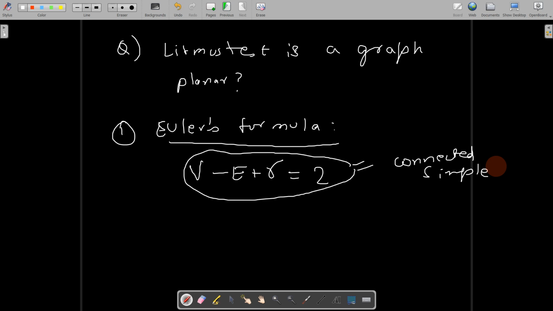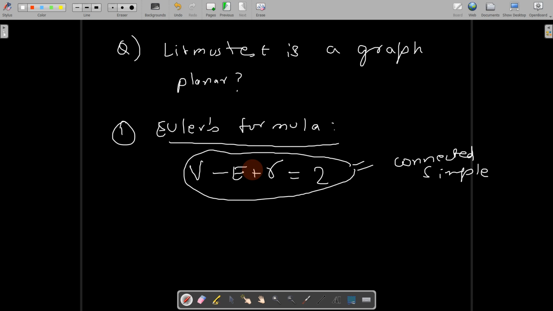So if for some graph this condition is not true, then definitely we can conclude that the graph is not planar. That is known as the necessary condition. But if some graph is satisfying this condition, then we need to do more tests.